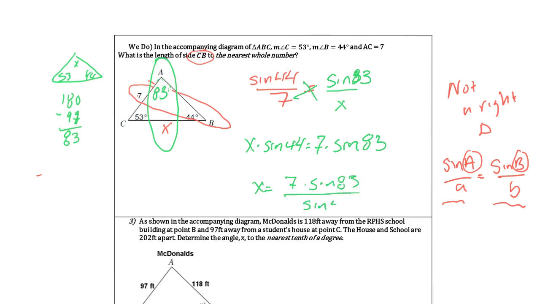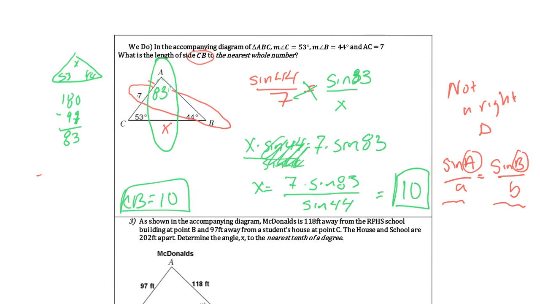That way, if I divide it over here, that cancels out. So I get x equals 7 sine 83 divided by sine 44. If you type that in your calculator, you would get 10. So that is CB to the nearest whole number. It is 10.